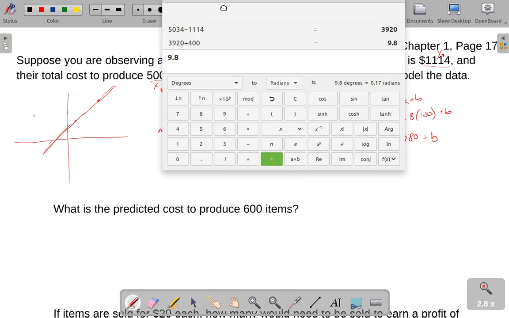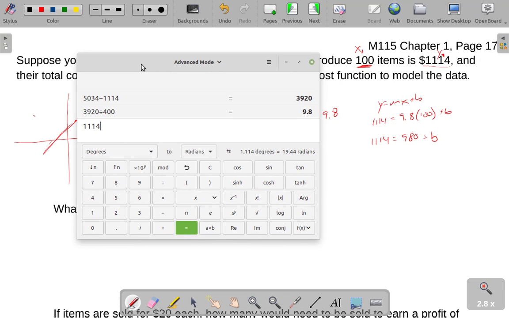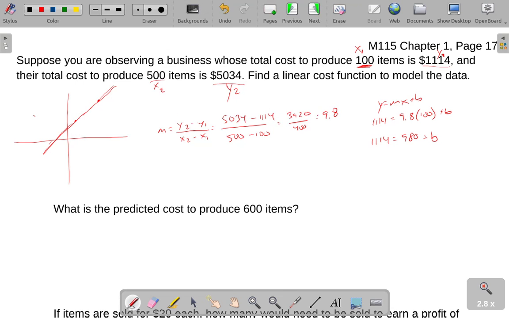Subtract 980 from both sides, we get 134. So we have our y-intercept, we have our slope, we can get the equation of the line. Instead of saying y equals mx plus b, I'm going to say C of x equals 9.8x plus 134.